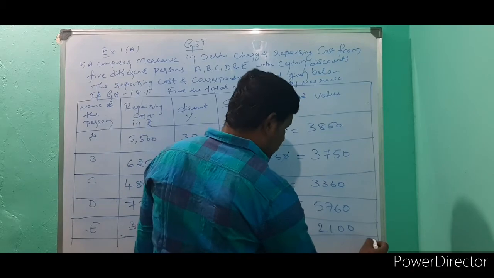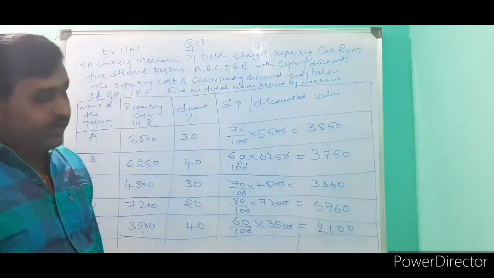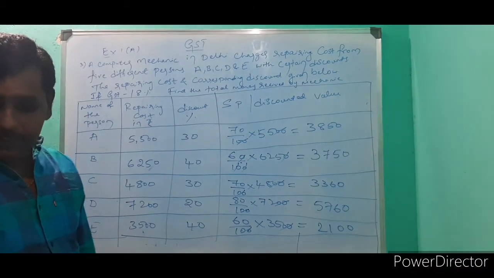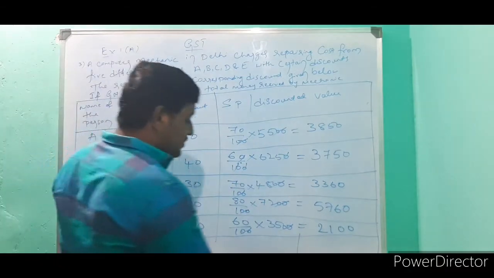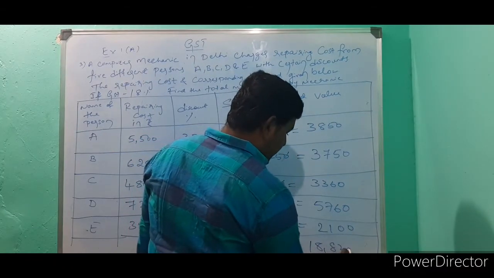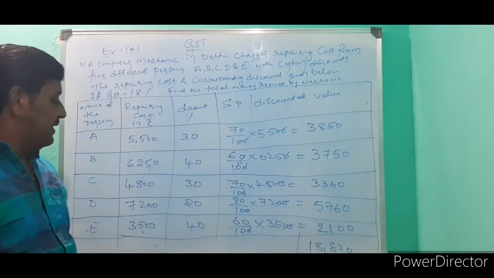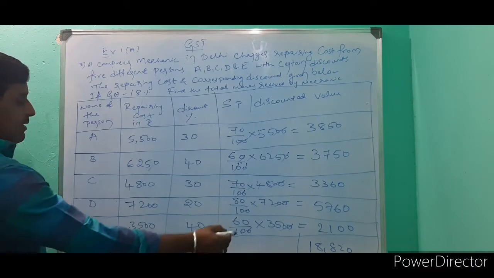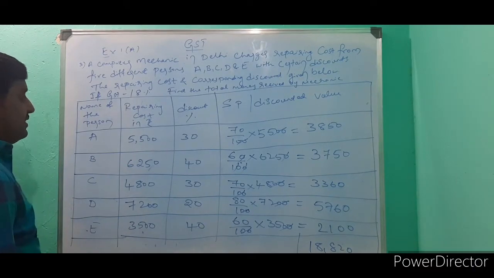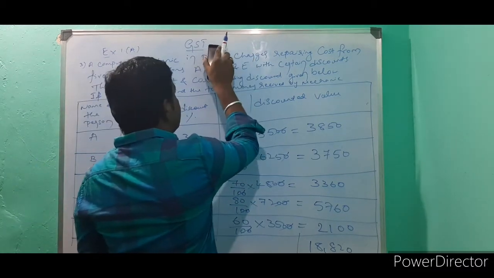Then you can find the total amount. Add all: 3,850, 3,750, 3,360, 5,760 and 2,100. You will get 18,820. Now, if you want to find the money received by the mechanic, you have to find CGST and SGST.